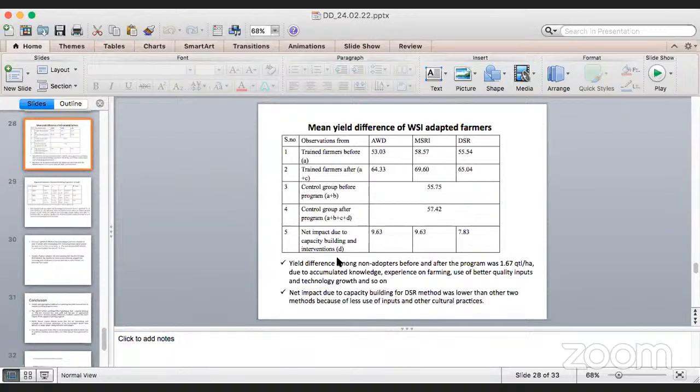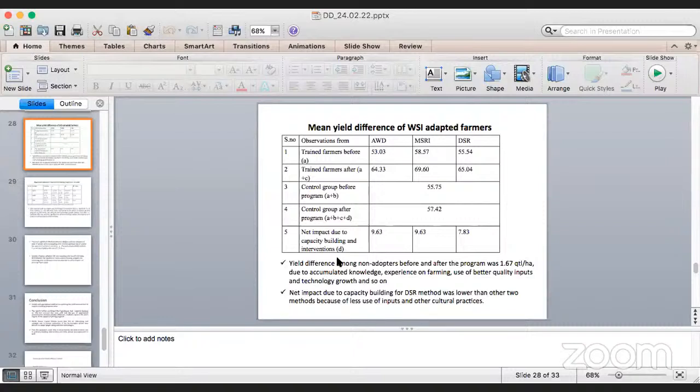Here you may see the average difference, the mean difference, which is nothing but the yield difference between these two groups, adopters and non-adopters, control group farmers before the program and after the program. The same you may see for three different sets of adopters, three different technology adopters.